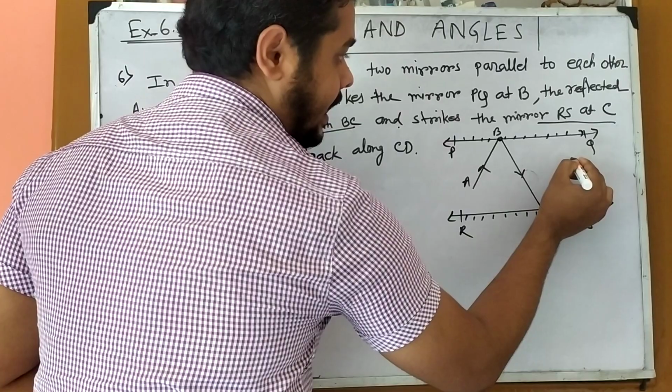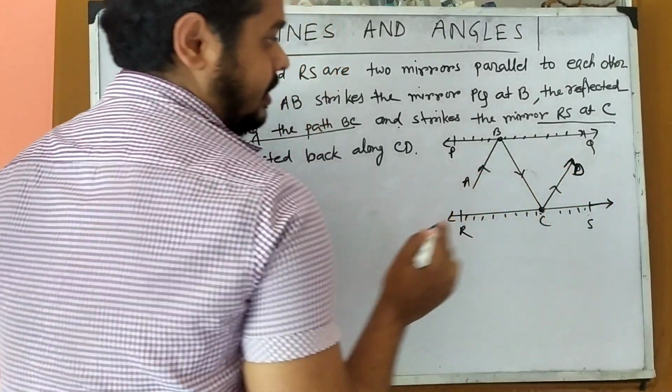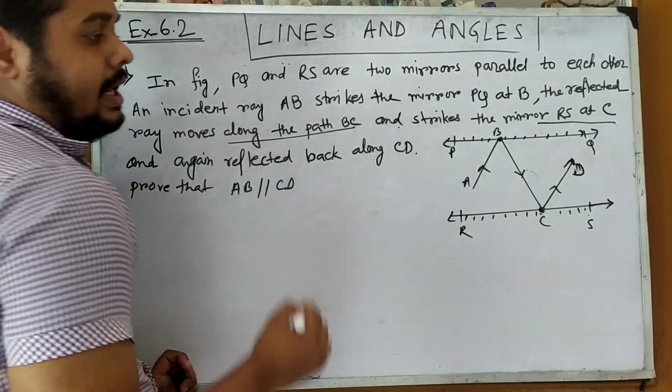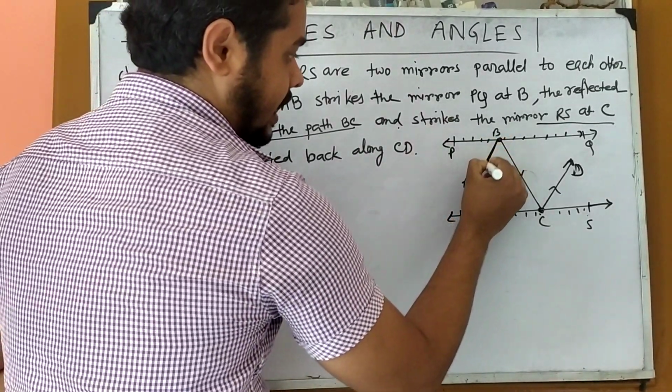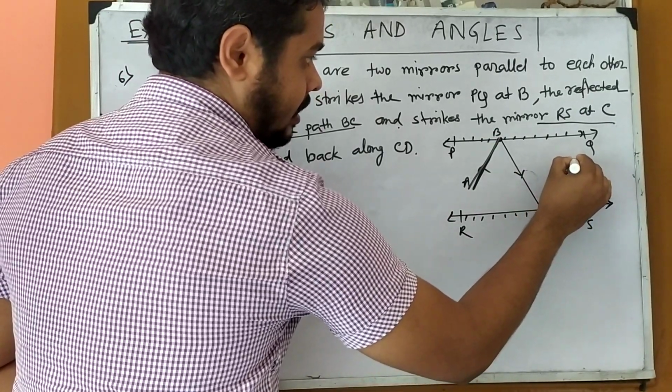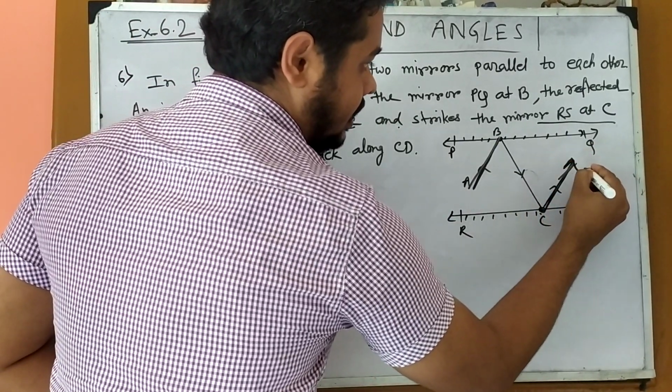Now we have to prove that AB is parallel to CD. So we have to show that this one and this one are parallel to each other.